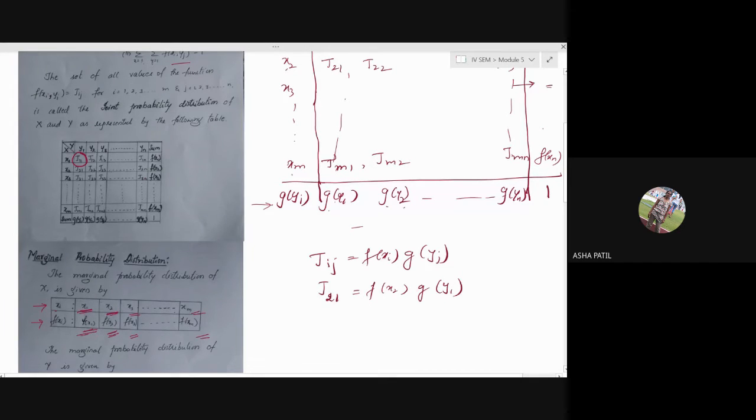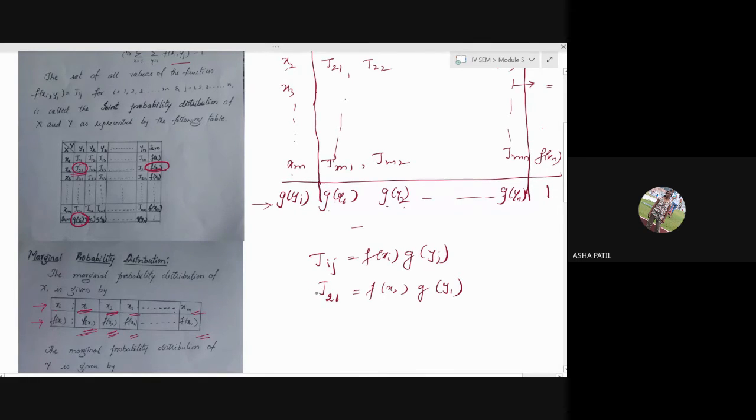F of x2 is here and this is your g of y1. If the product of these two is equal to this value J21, then we will say that x and y are independent random variables. Otherwise, we can't say that they are independent, and even vice versa.